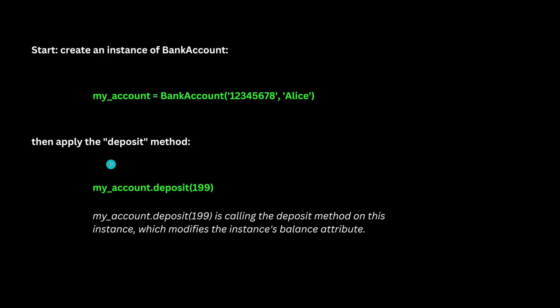And if we now apply the deposit method, so we say my_account, that belongs to Alice, Alice deposits now $199. So my_account deposit $199 is calling the deposit method of this instance of this class, which modifies the instance balance attribute. Clear. It goes from 0 to $199.